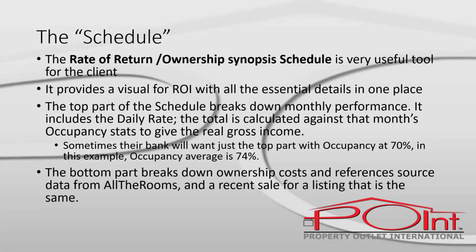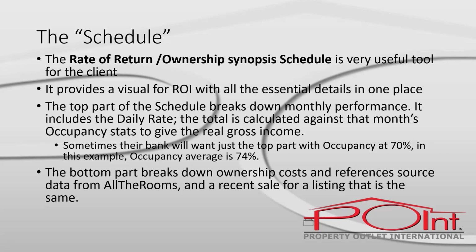So in Gil and I's experience, the bank wants to see it performing at least 70% occupancy. In this example, the average is 74%. And the bottom part, this is really a value add that Gil and I add. We break down the ownership costs. And there's ways that you can calculate that.